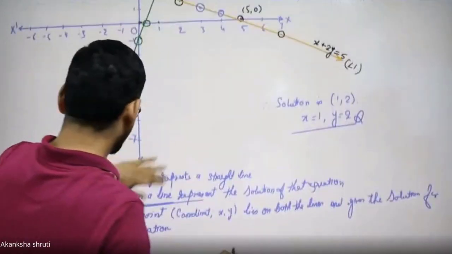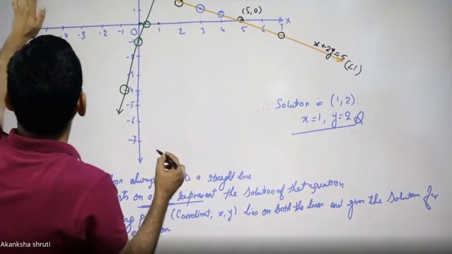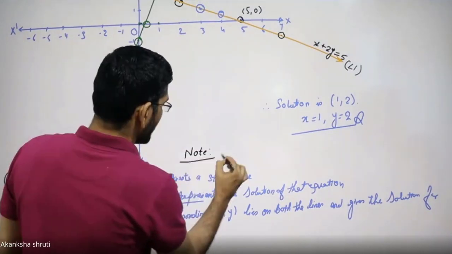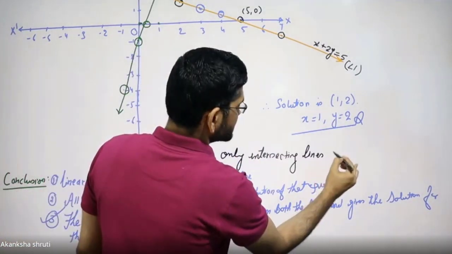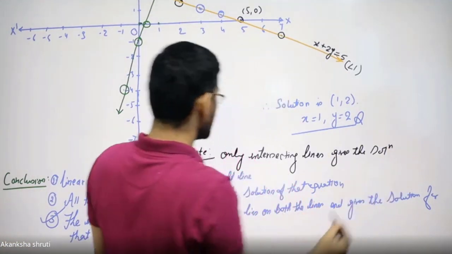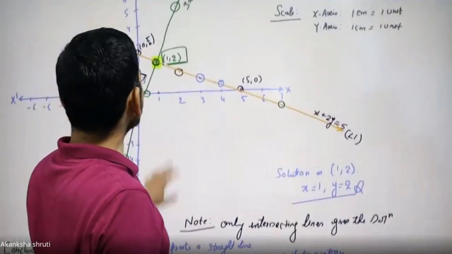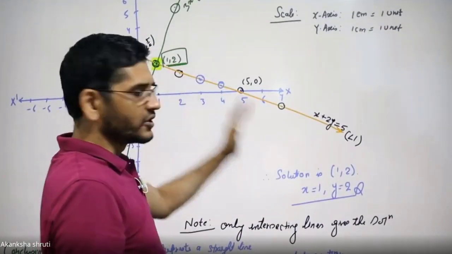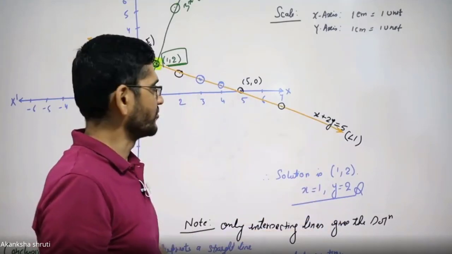Okay, so write that one also as a note. It is very important, though we have written it earlier. So note: only intersecting lines give the solution of a pair of linear equations. Okay, students, this is what we have to keep in mind. If they are not intersecting, no point will be common, no question of solution. That is called no solution. That we will see now.